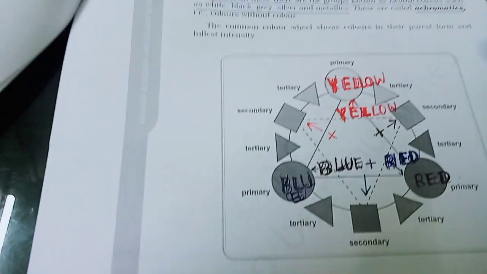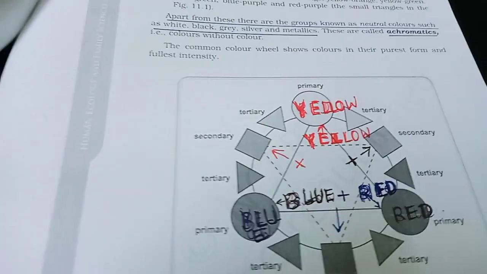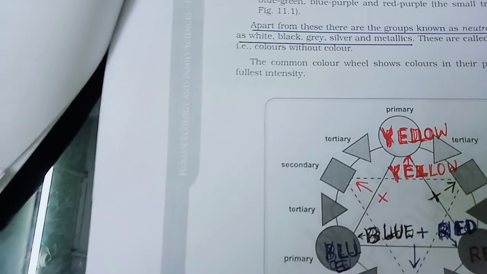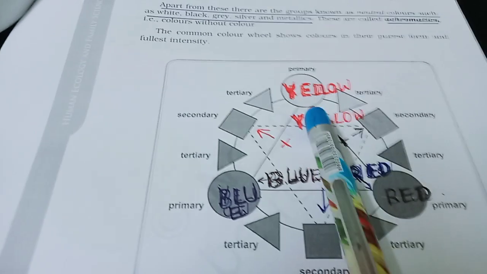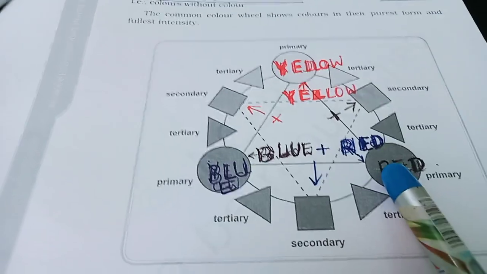Now coming to this color wheel. So this is a color wheel. So the first primary color is yellow. The second primary color is red.